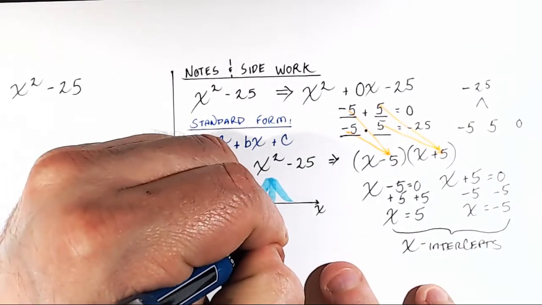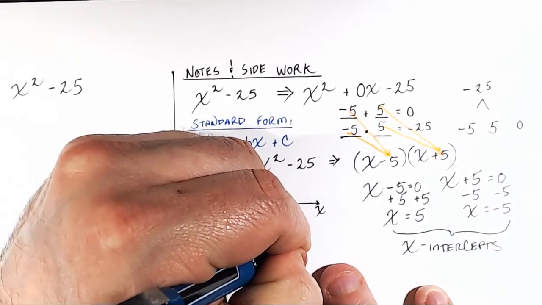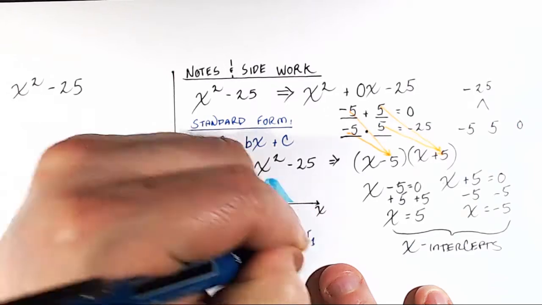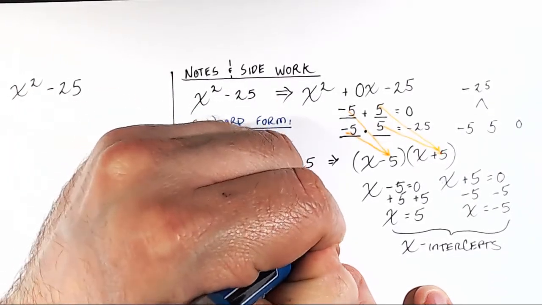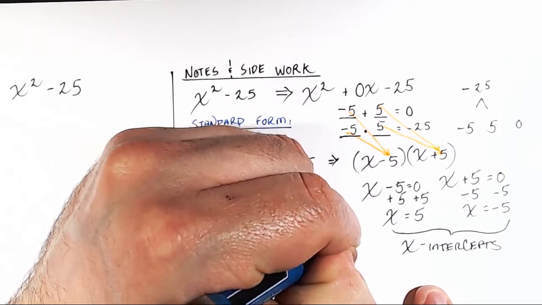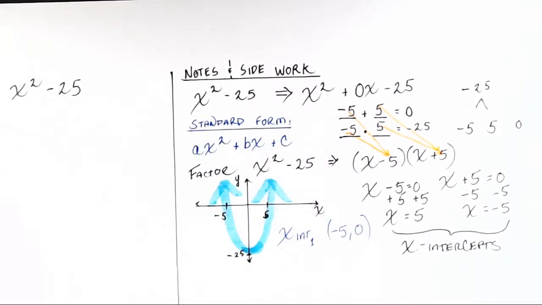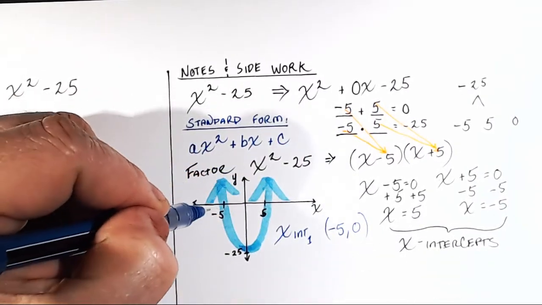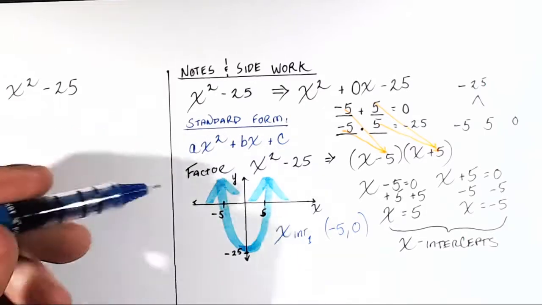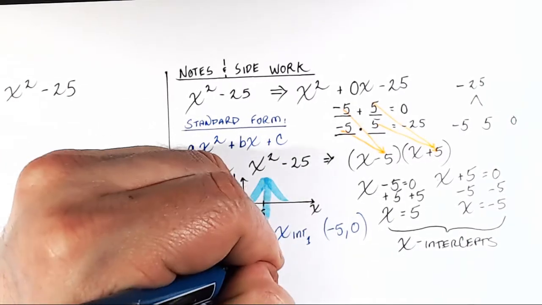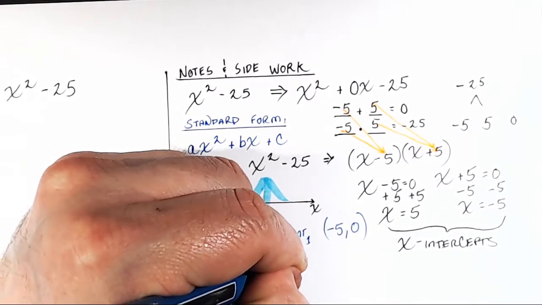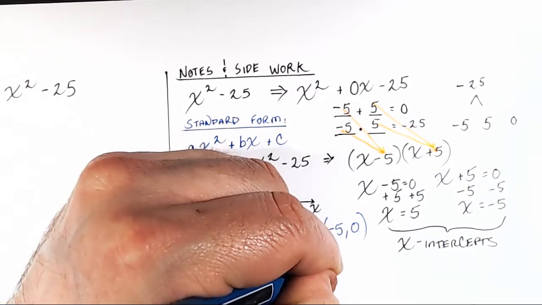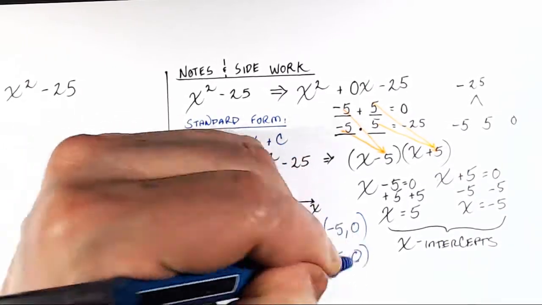So those x-intercepts are negative 5 comma 0 and 5 comma 0. Notice when x is negative 5 and 5, y is 0.